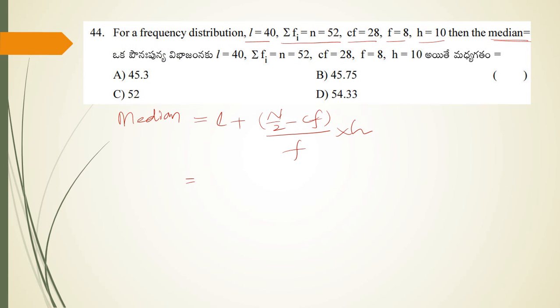Using this formula, L is 40 plus N by 2. Half of 52 is 26, minus Cf is 28, divided by F, into 10.